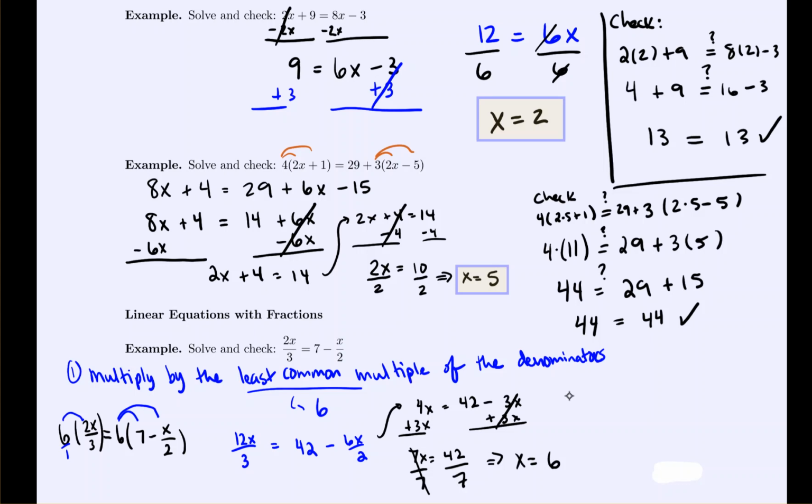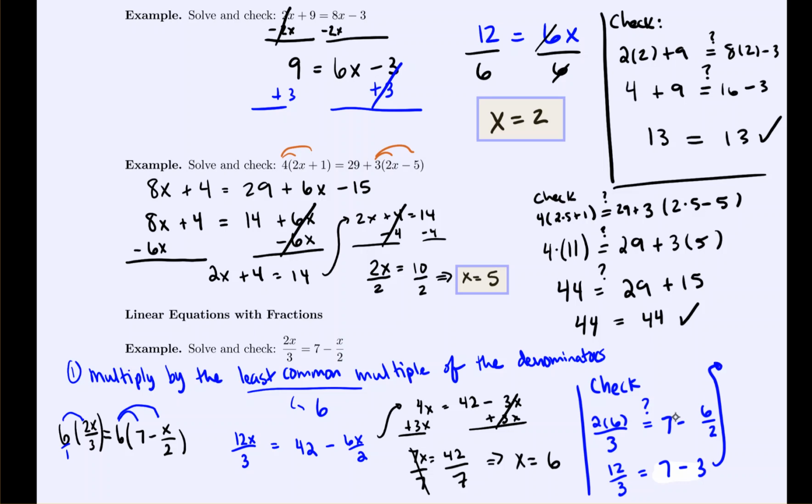Now we do need to check our work. Let's plug 6 into both sides of the expressions and see if we get a true statement. So 2 times 6 divided by 3, is that equal to 7 minus 6 divided by 2? Let's simplify both sides and see. Now 2 times 6 is 12, divide that by 3. 7 minus 6 divided by 2 is 3.